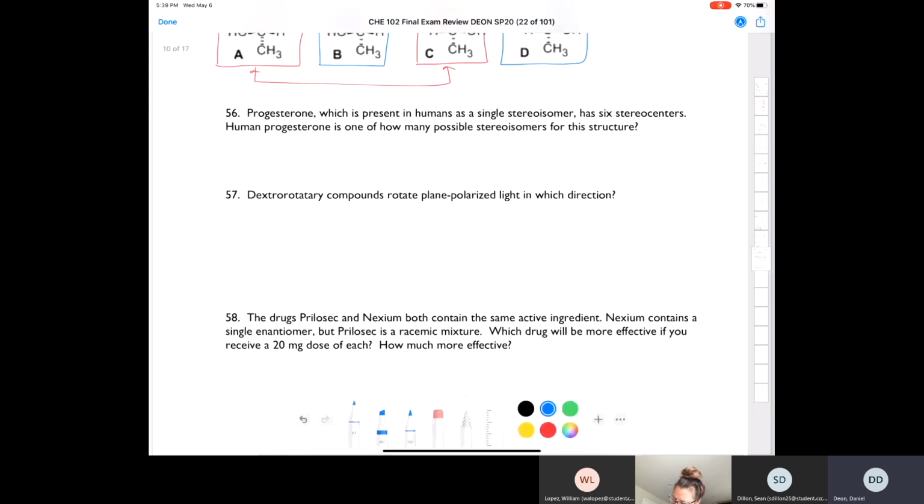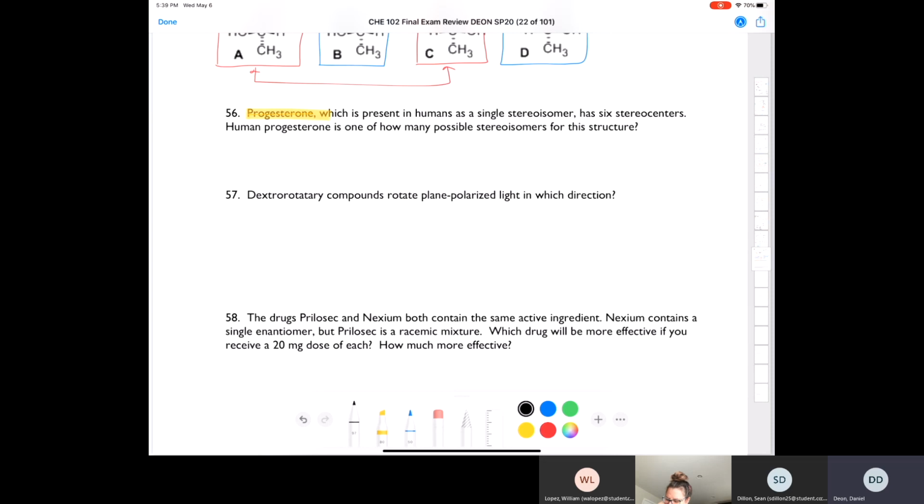The next question deals with the number of stereocenters in a compound. It says progesterone, which is present in humans as a single diastereomer. It says here it has 6 stereocenters. Human progesterone is one of how many possible stereoisomers?